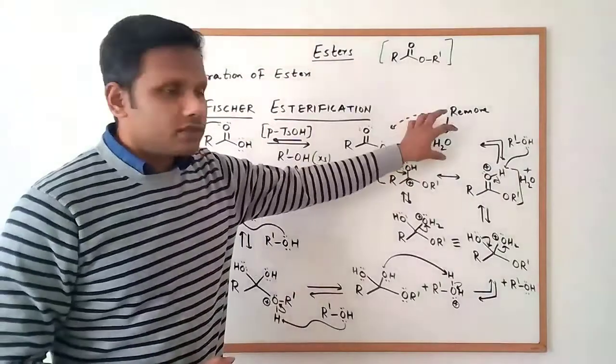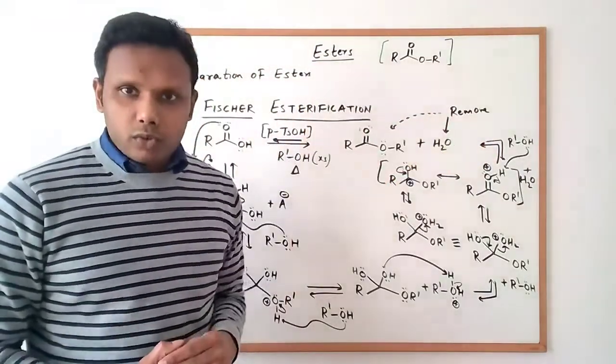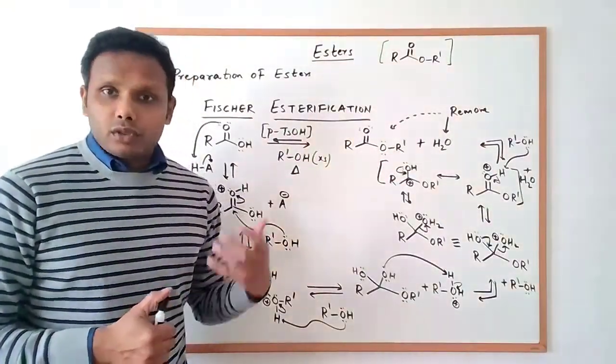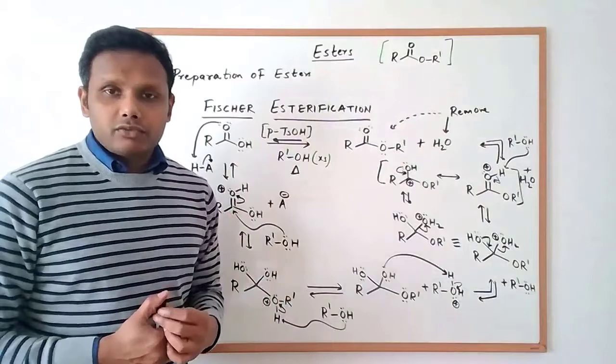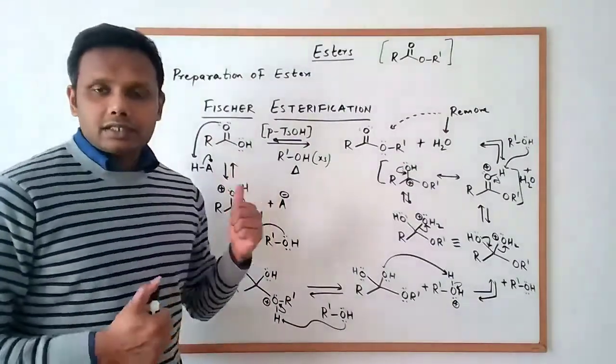When one of the products is missing, the reaction is pushed forward. So that's the Fischer esterification reaction, the most straightforward reaction for synthesizing esters, starting from a carboxylic acid and an alcohol.